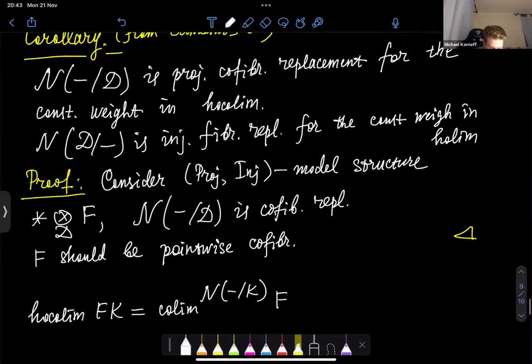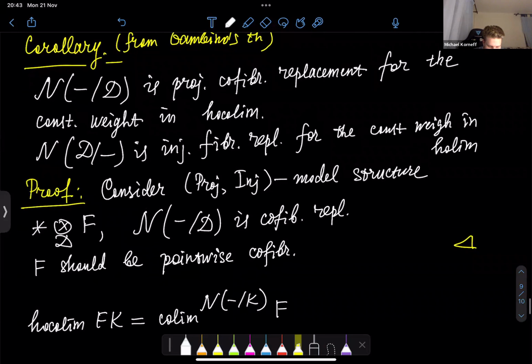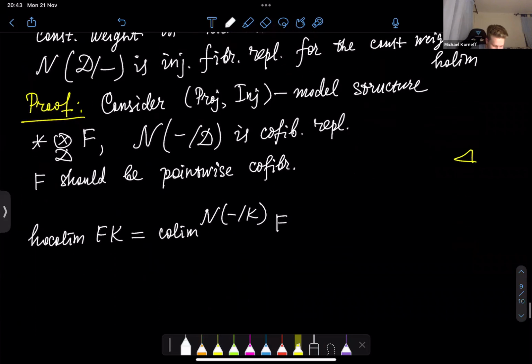It's just a corollary of this corollary, and we have a comparison map.